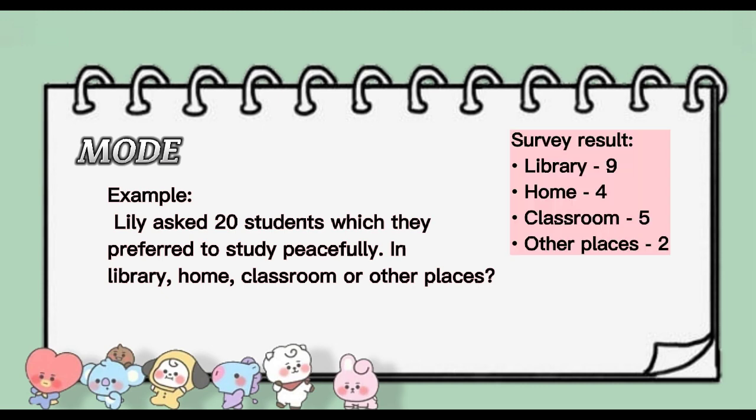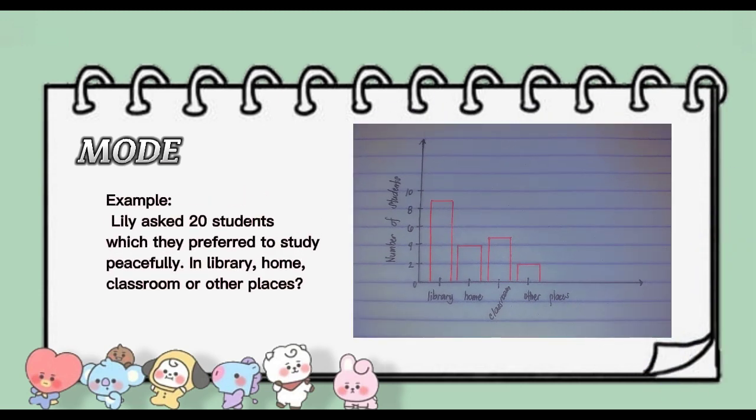The result is 9 students chose library, 4 of the students chose home, 5 of 20 students chose the classroom, and 2 of the students chose other places. In the histogram, you can see that the library is the most popular option, which means a lot of students prefer to study in the library. So that is our mode.